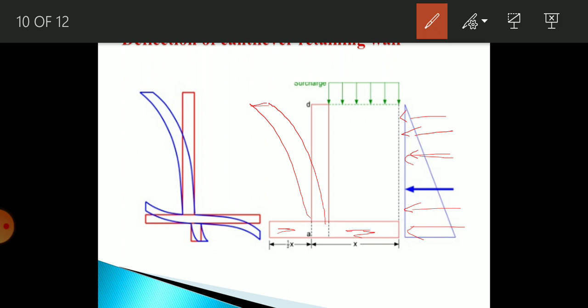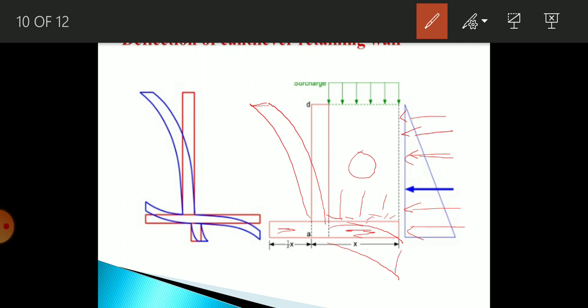Above this heel slab there is the backfill, and due to this backfill the vertical pressure will act in downward direction, and due to this downward directional force this heel will bend in downward direction.